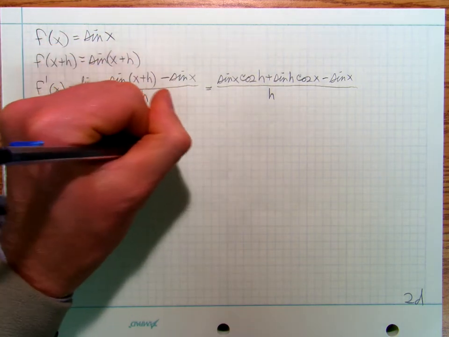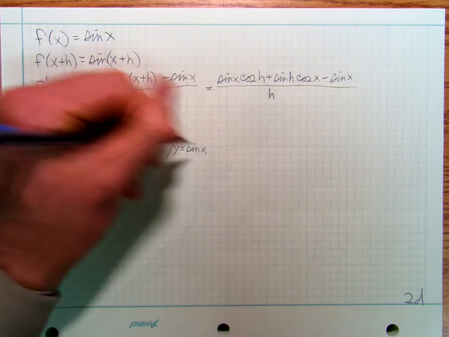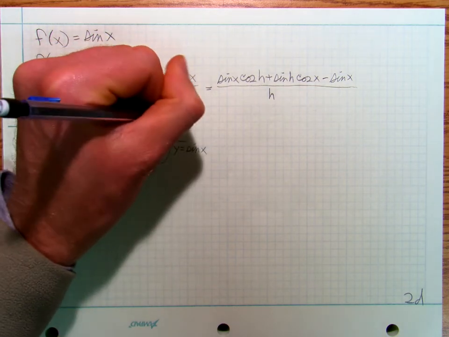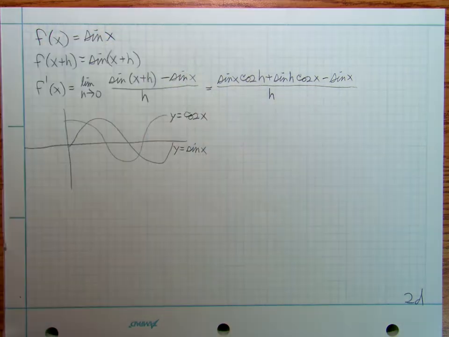So this is y equals sine x, and this is y equals cosine x, and this is 0 right here.